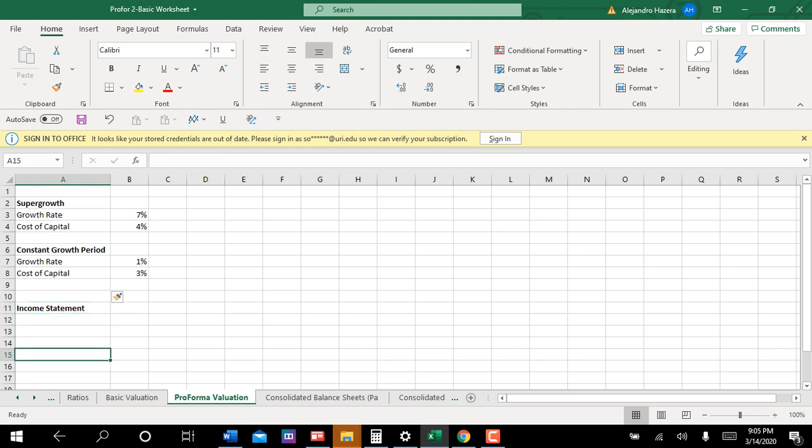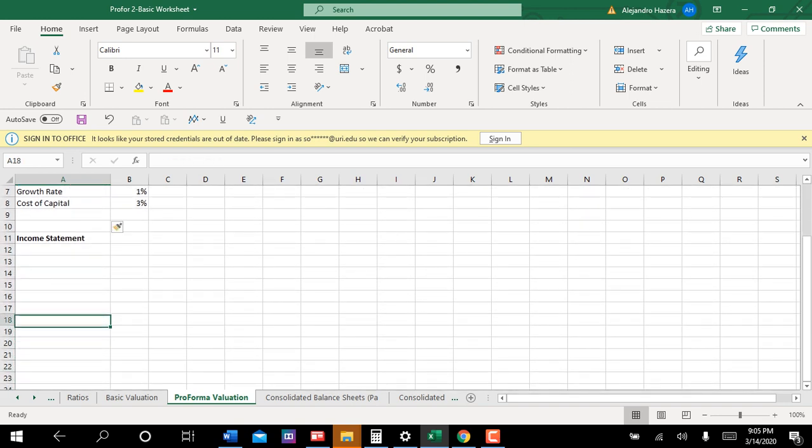Okay, now my pro forma income statement's base year is going to be 2019, which is the year that this 10K is for. So I'm going to use the 2019 income statement in this 10K.